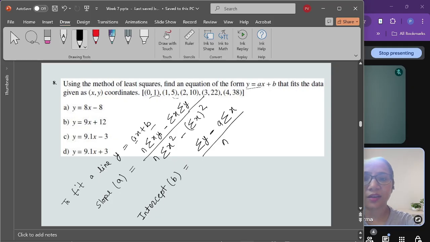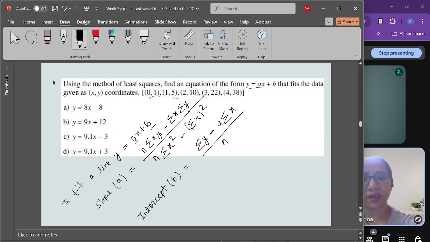Now x and y coordinates data points are given. First we need to calculate summation of x, summation of y, summation of xy, summation of x square, summation of x whole square. Then we will be able to calculate these values. So how many data points are given?